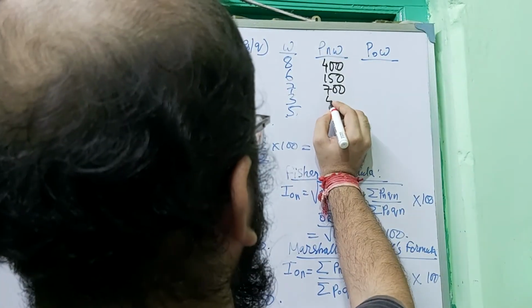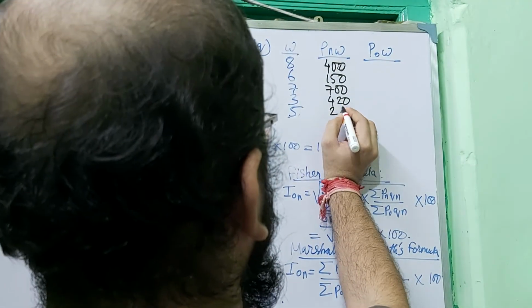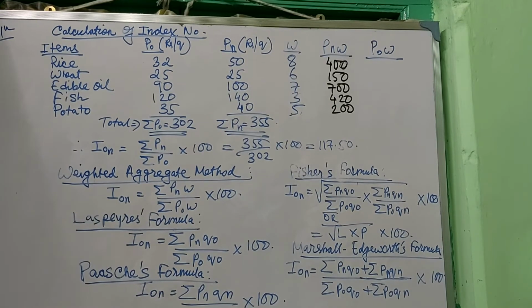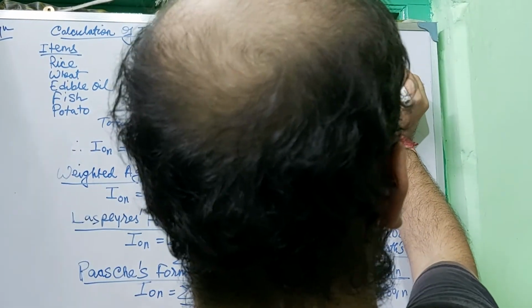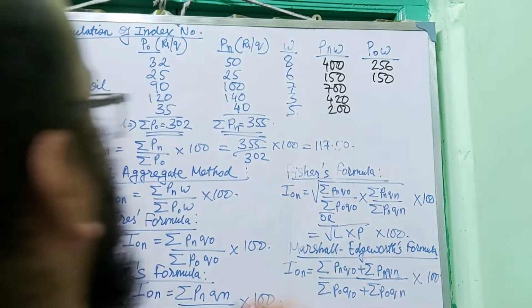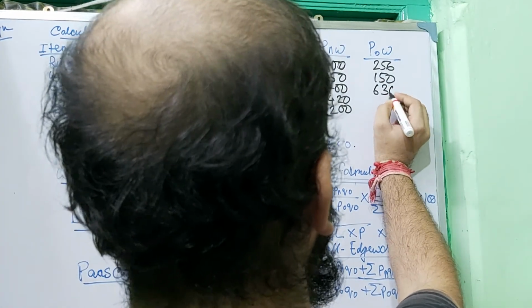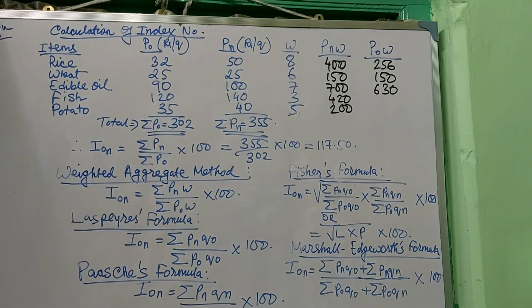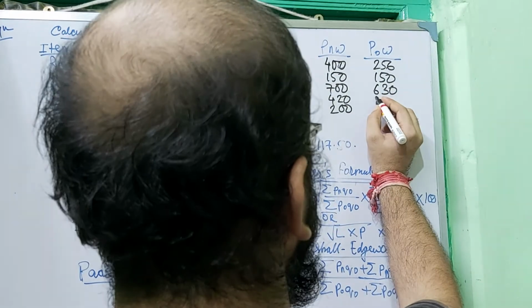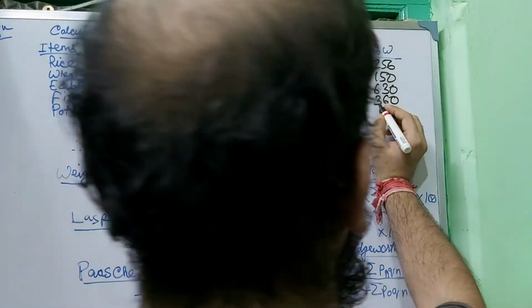And 40 into 5, 200. And P0W: 32 into 8 is 256. 25 into 6 is obviously 150. 90 into 7, 630. 120 into 3, 360. And 35 into 5 means 175.